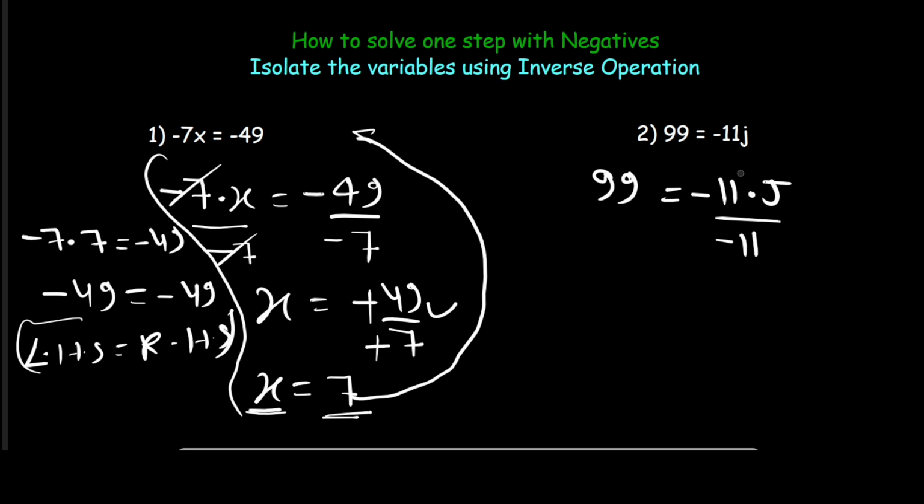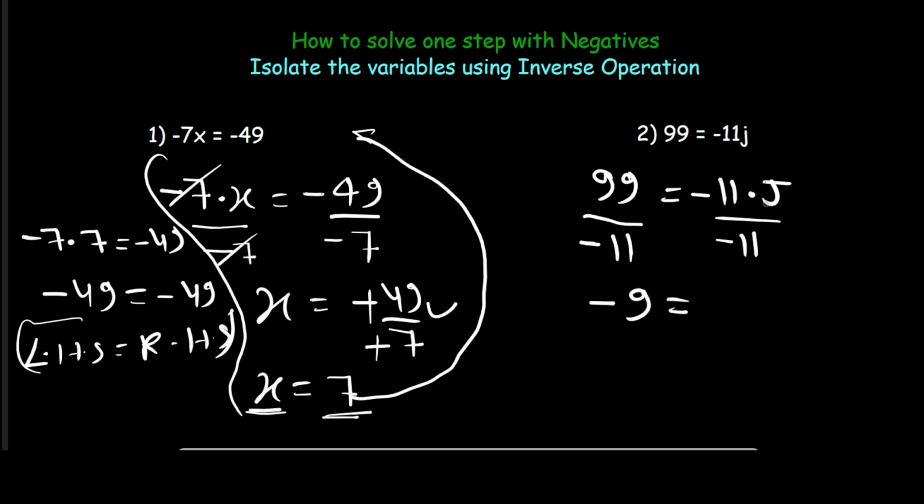So the inverse operation of multiplication is division, and whatever we do to one side, we have to do to the other side to keep everything balanced and equal. So I'm dividing the left side of the equation by minus 11. Here, if we divide 99 by 11, it will give us minus 9.